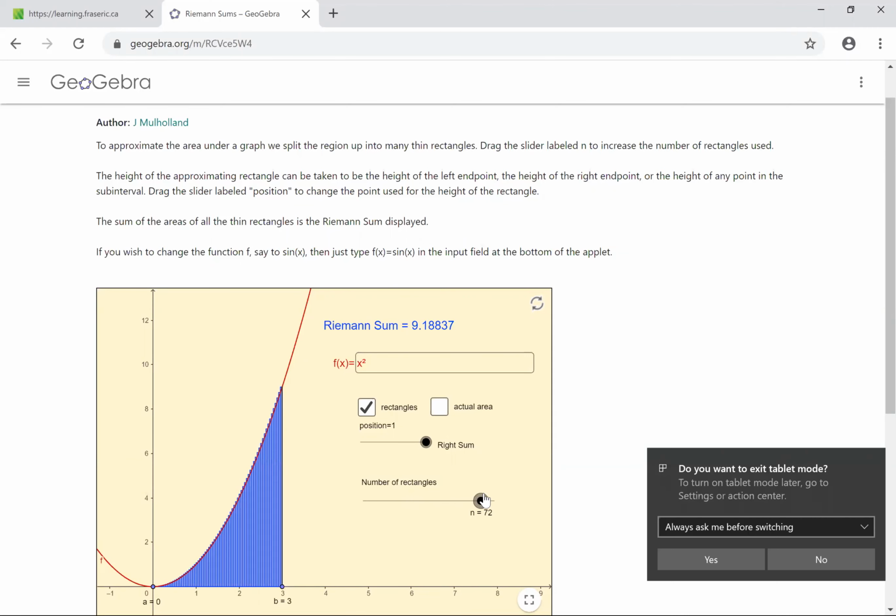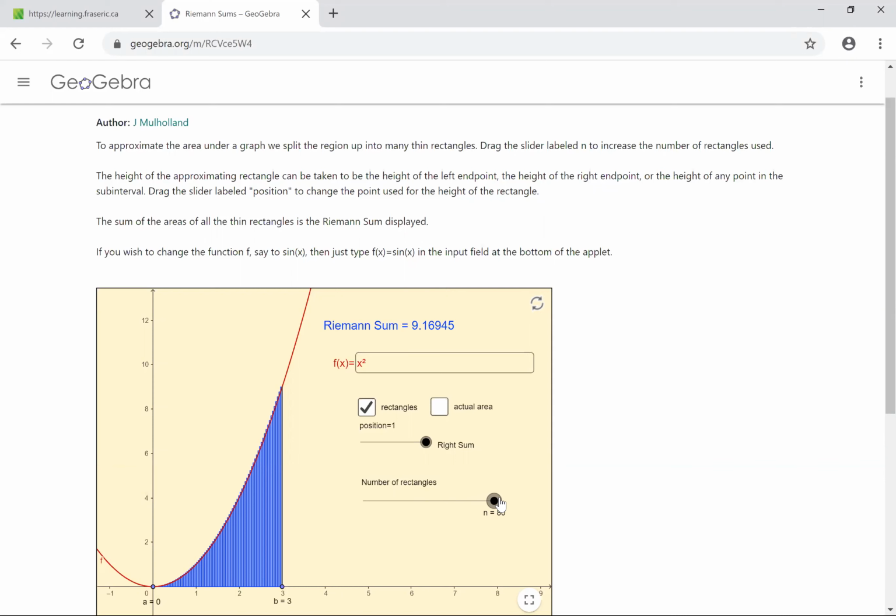So the sum of the areas of the rectangles turns out to be very close to the area under the curve, right? The more rectangles you have, the better approximation of area you will get. It seems so, at least from this graph, this GeoGebra thing. Do you agree with that?